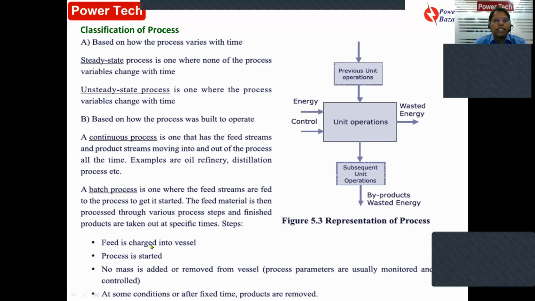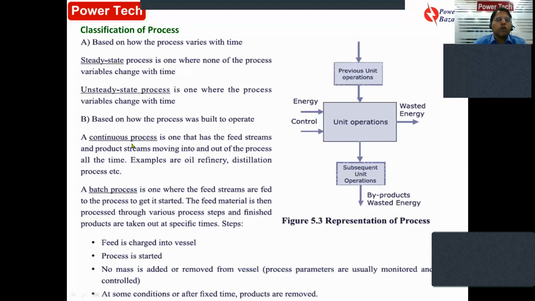That means initially you charge the feed into a vessel and the process is started. No mass is added or removed from the vessel during the time the process is going on. Process parameters are usually monitored and controlled. After certain conditions or after a certain time, the products are removed. So this is known as a batch process. It is a discontinuous process.